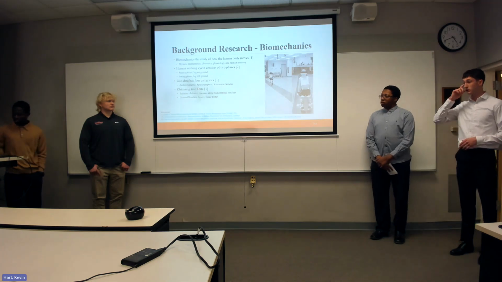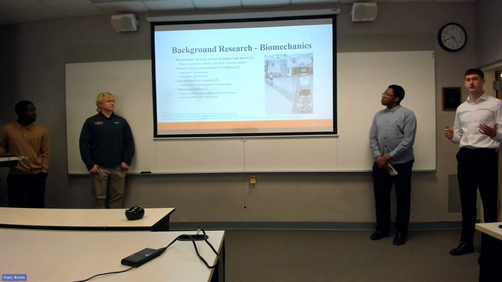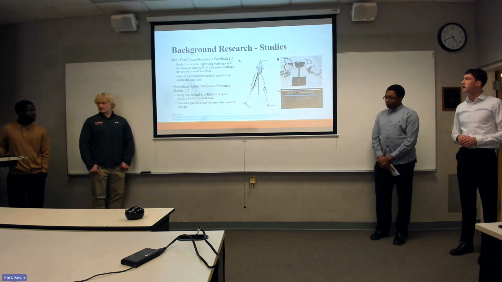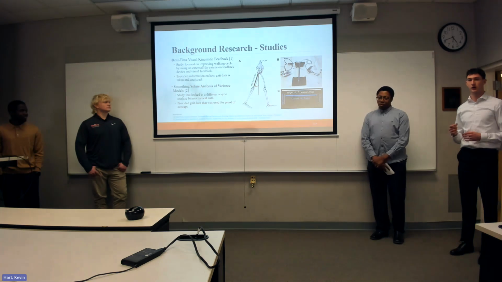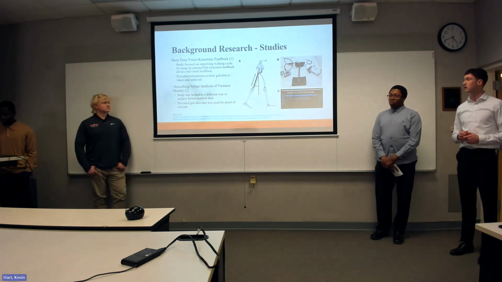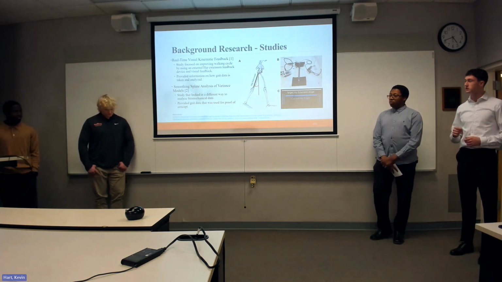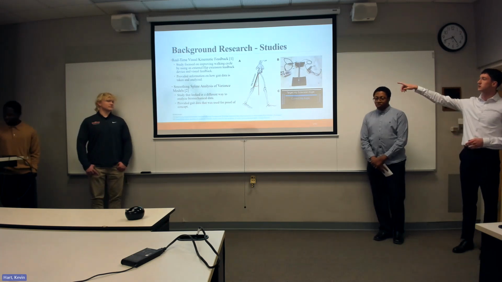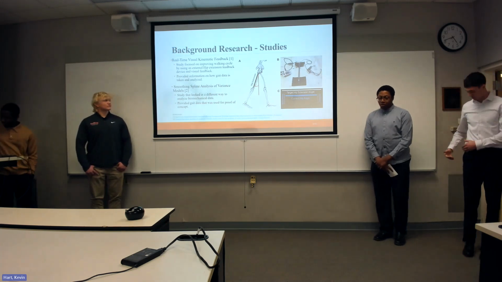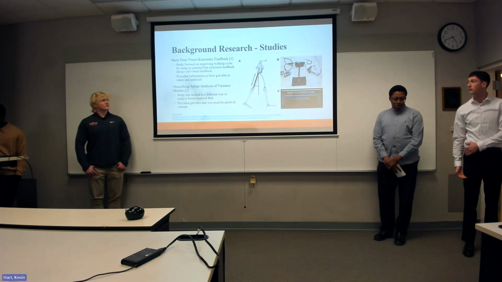So then next, we decided to look at some studies that analyze gaits. The first one used real-time visual feedback to try to improve the gaits of patients that had experienced a stroke. And they used this hip attachment that you can see on the right in picture B that would go on the patient's leg.